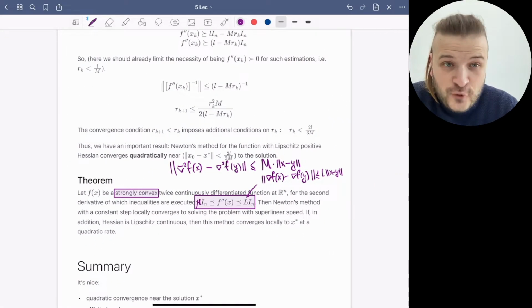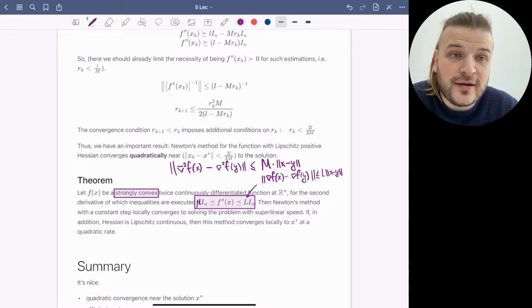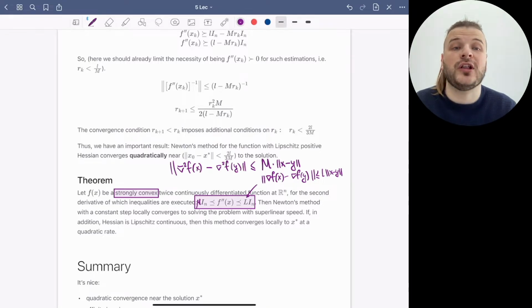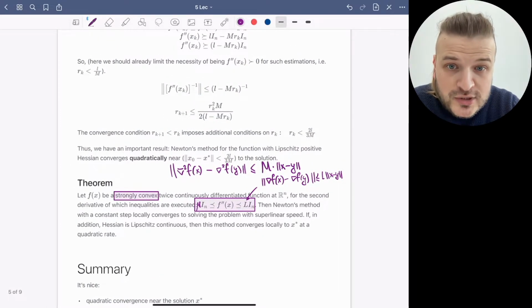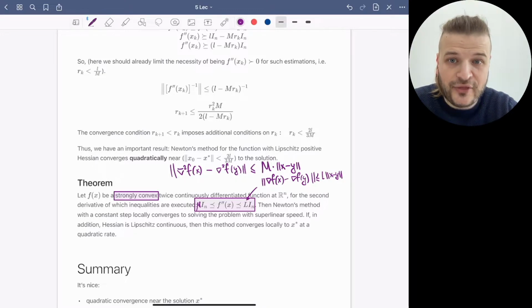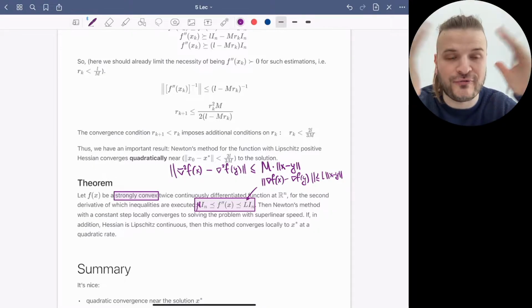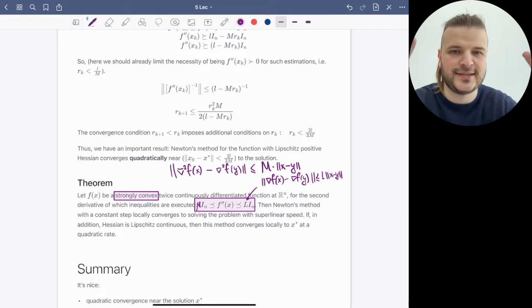But this convergence is local, which means that if we are close to the solution, then we converge insanely fast.